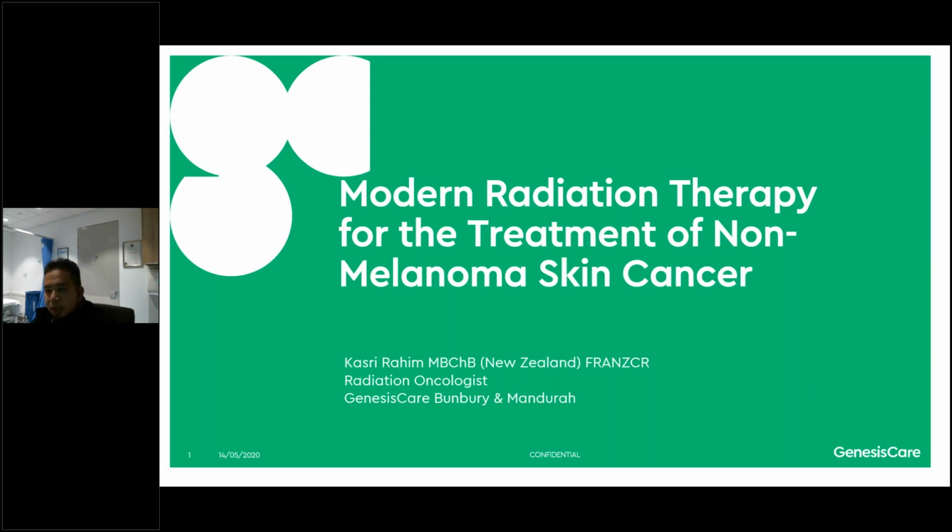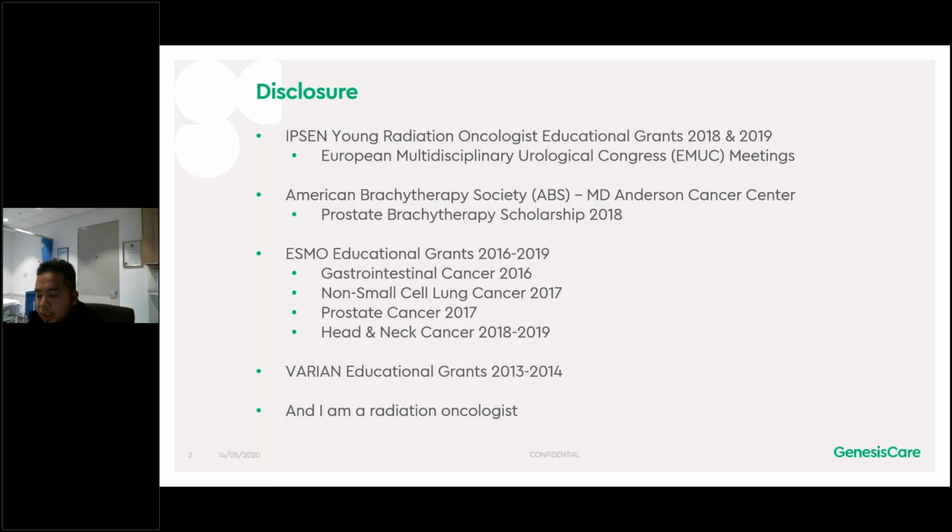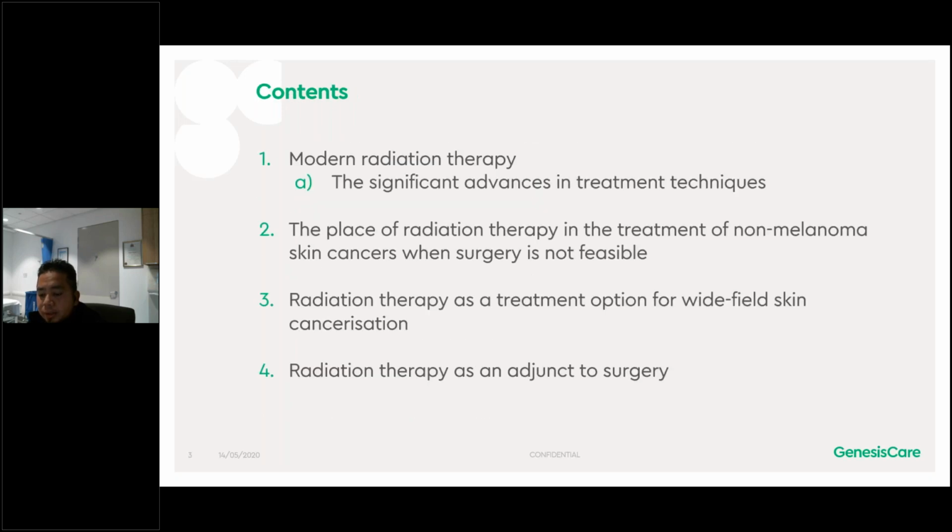So what we're going to go through today is just a bit of disclosure, and there's no conflict of interest today. There's a few things I'm going to go through. First one is actually about modern radiation therapy, and some of you might have heard this already, about the advancement of the technique that we use in radiation treatment, and the place for radiation therapy in the treatment for non-melanoma skin cancer.